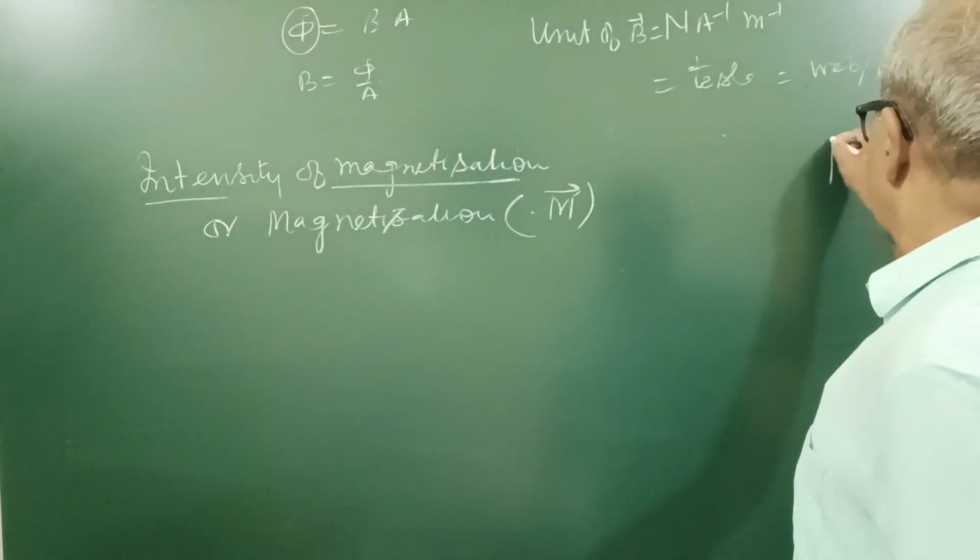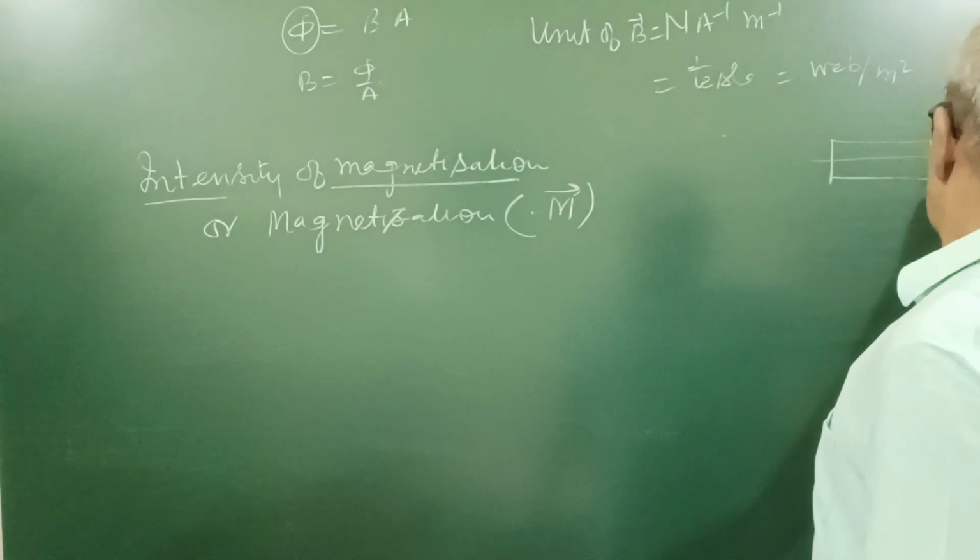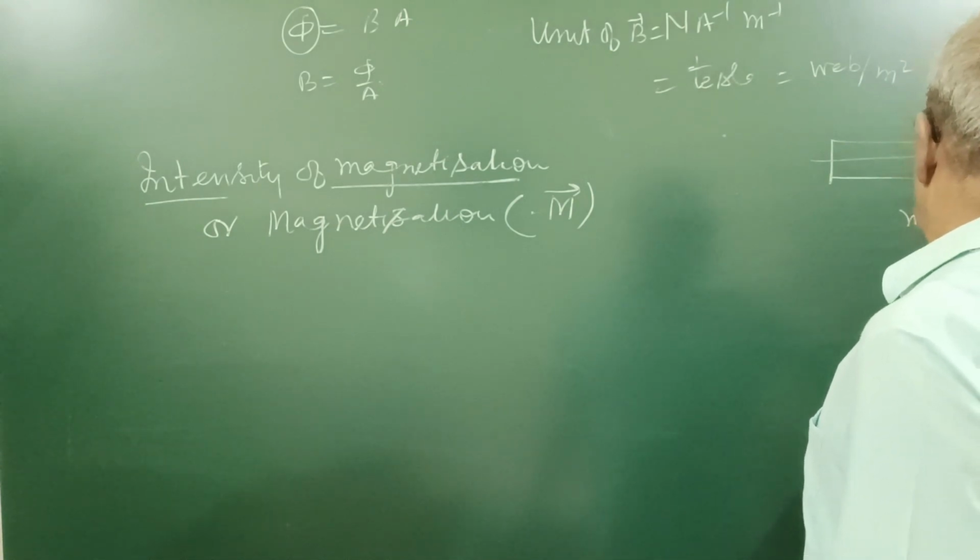If it is a bar magnet, it has dipole moment m equal to 2l into m.